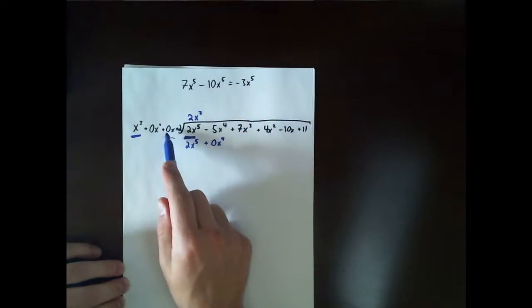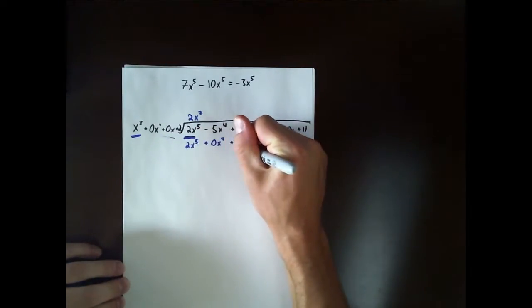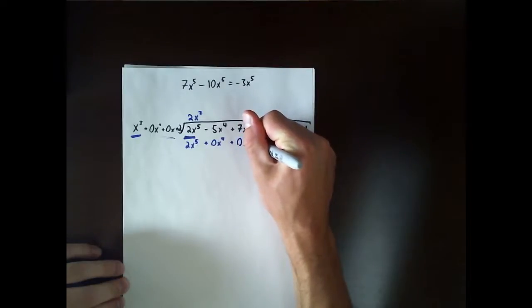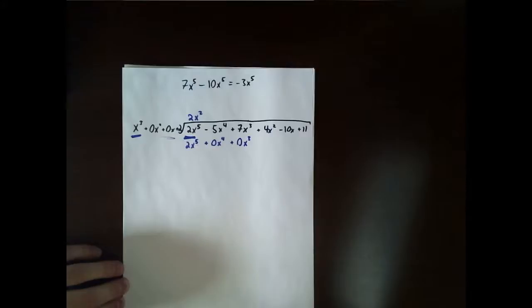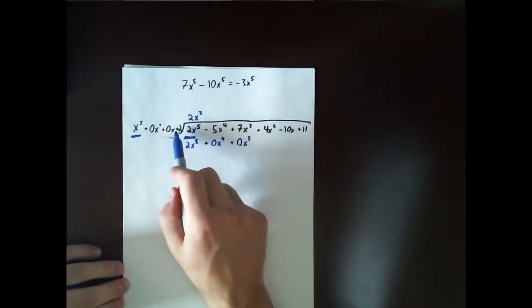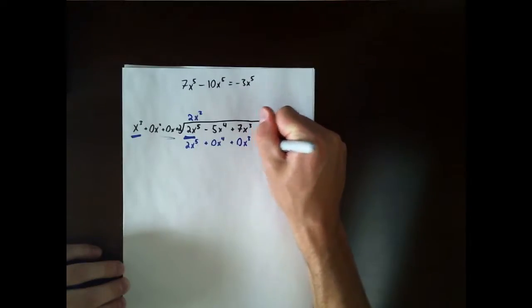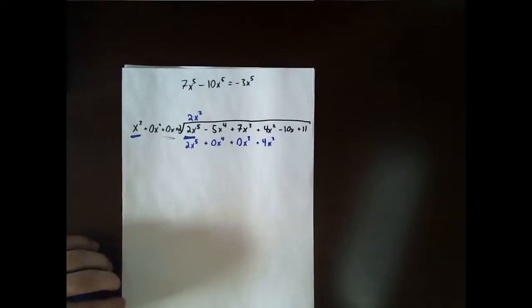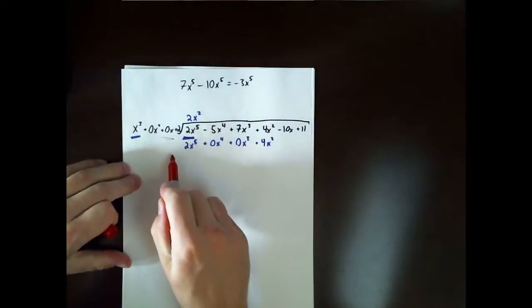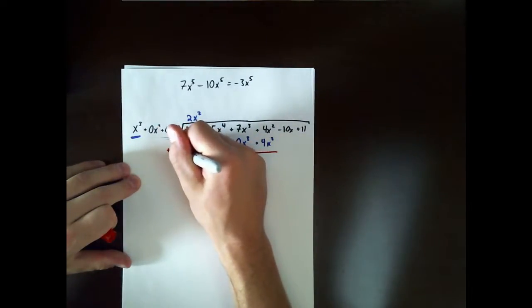So 2x squared times 0x is going to be 0x cubed, and as you can see, the cube terms are still organized right here. And then 2x squared times 2 is going to give us 4x squared.